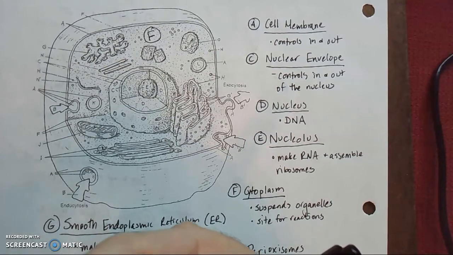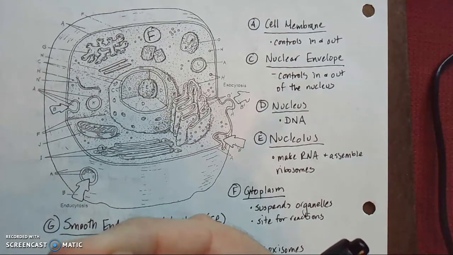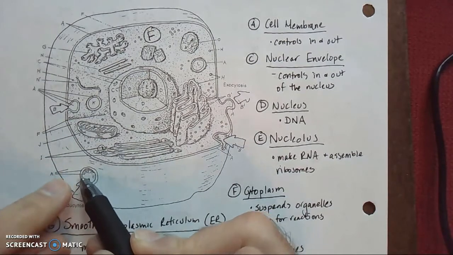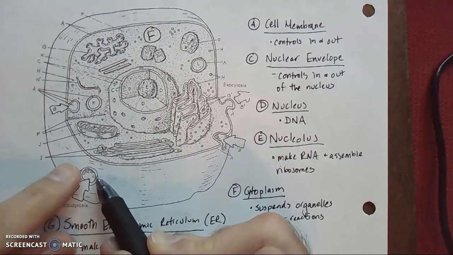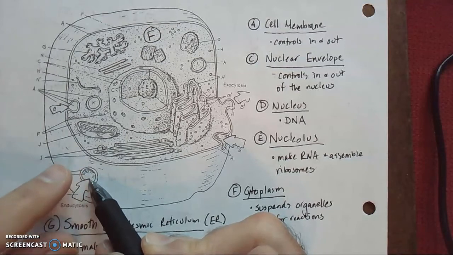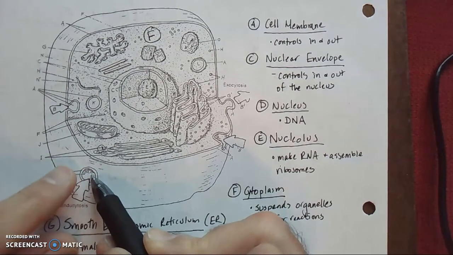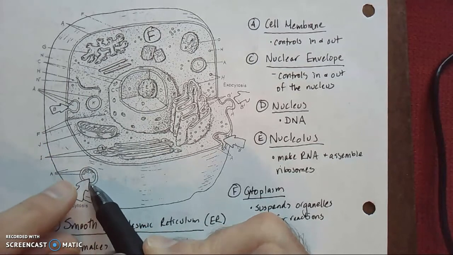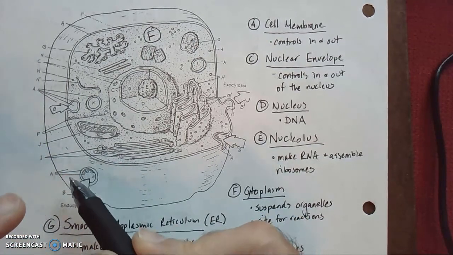And that's what happens during endocytosis. Eventually this bubble that forms on the inside will seal back up, and anything that we want to get into the cell in bulk will be surrounded by cell membrane. So part of the cell membrane forms a bubble around it.